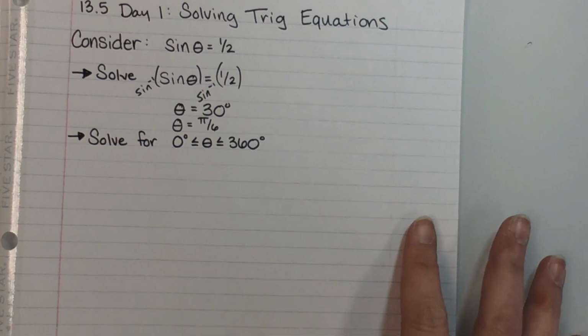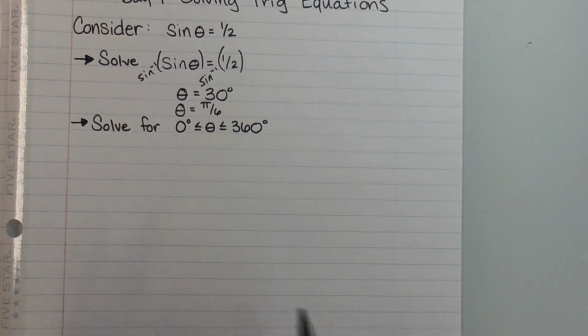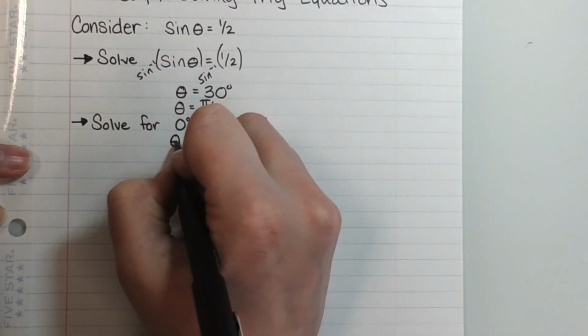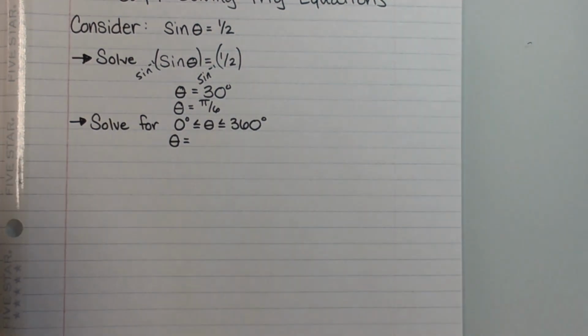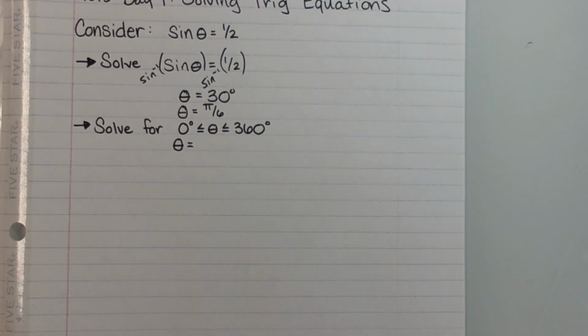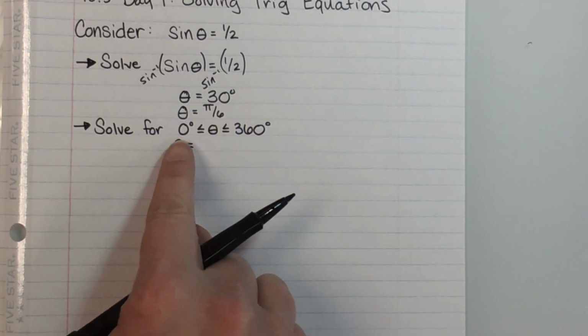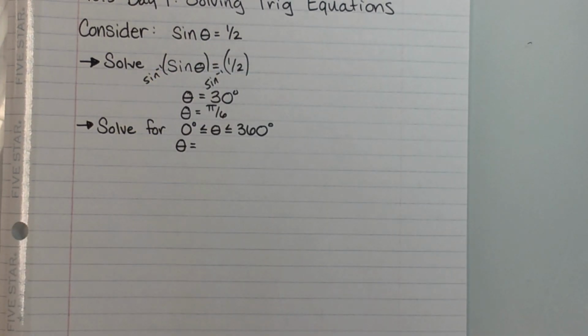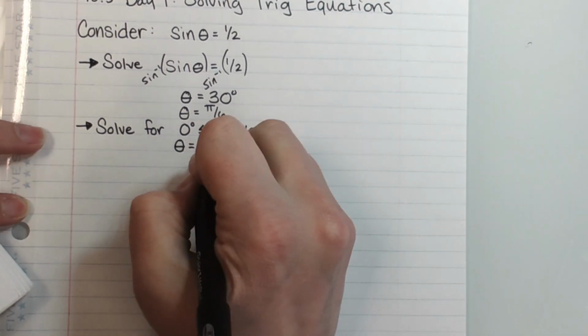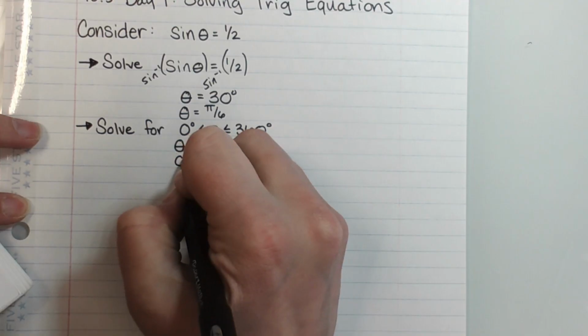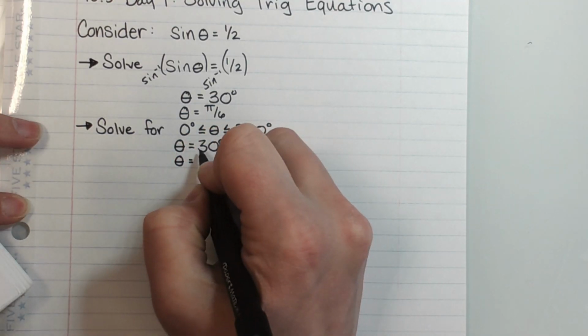For what angles between 0 and 360 does this work? For what angles between 0 and 360 is sine 1/2? That's one of them. Good. And 150 degrees. Beautiful.